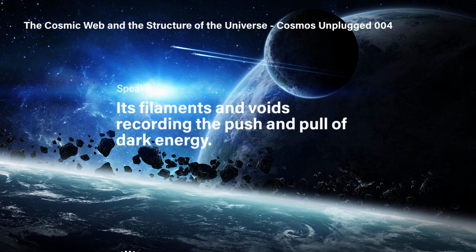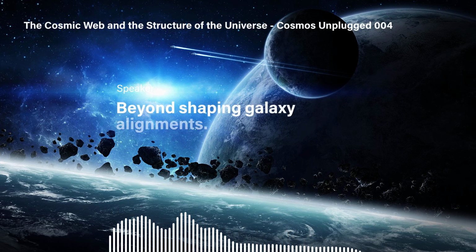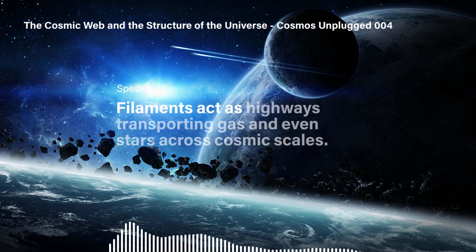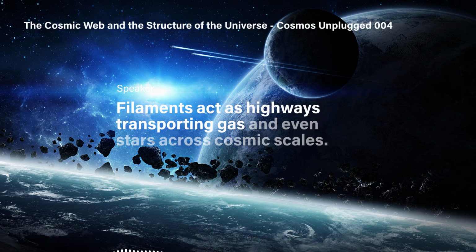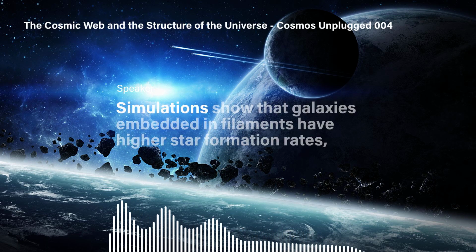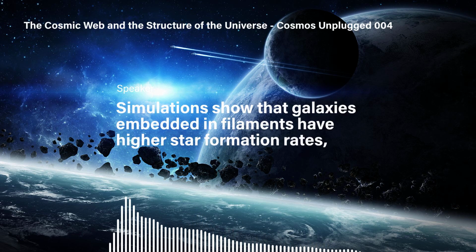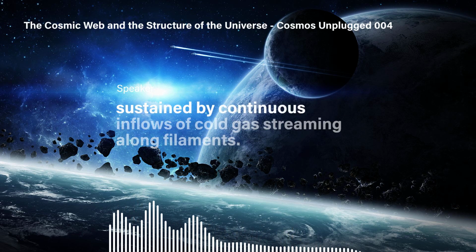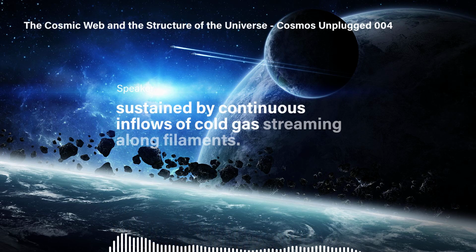Beyond shaping galaxy alignments, filaments act as highways, transporting gas and even stars across cosmic scales. Simulations show that galaxies embedded in filaments have higher star formation rates, sustained by continuous inflows of cold gas streaming along filaments.